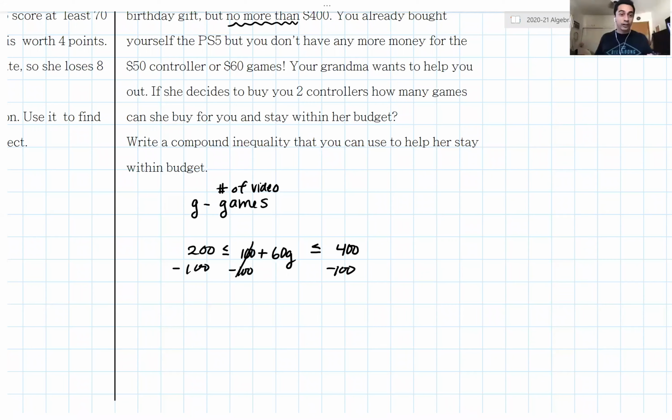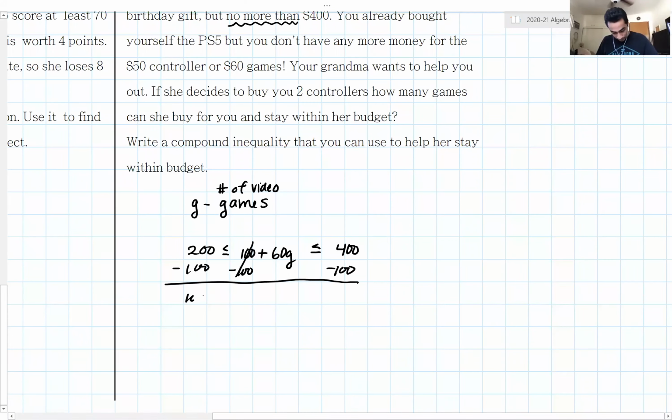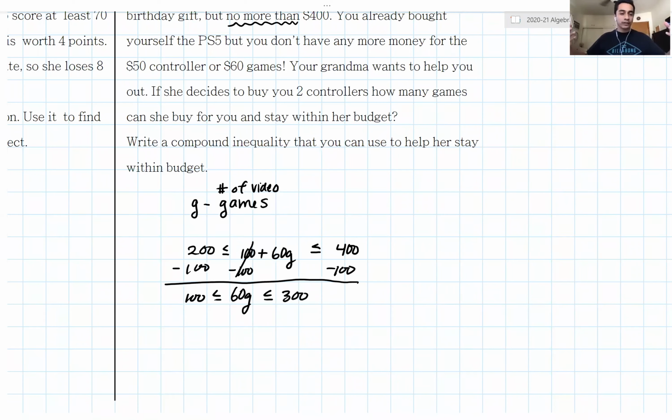So now $100 is gone from her budget. So what's left in her budget willing to spend? She's got about $100 minimum up to about 300. So by buying you those two controllers, now she's gone from 200 to 400 down to 100 to 300, willing to spend on just games.